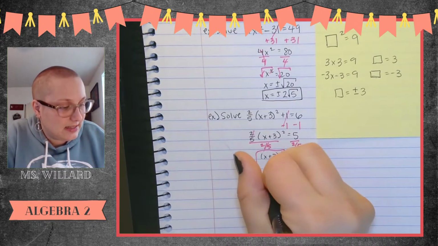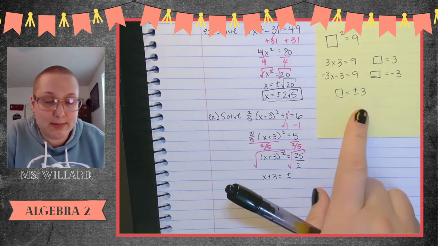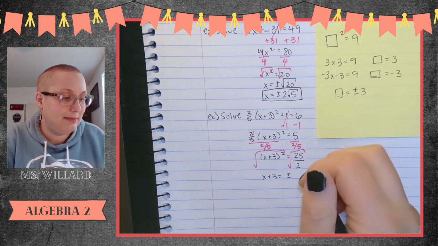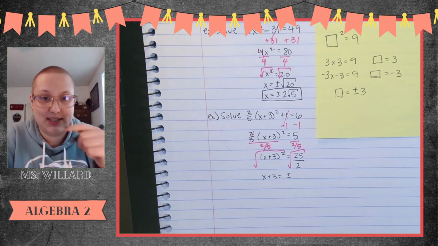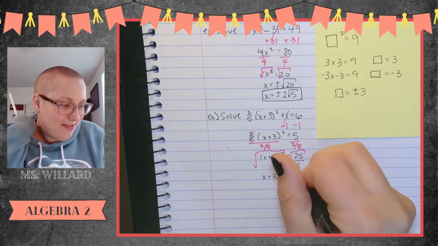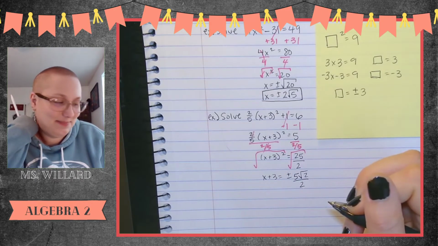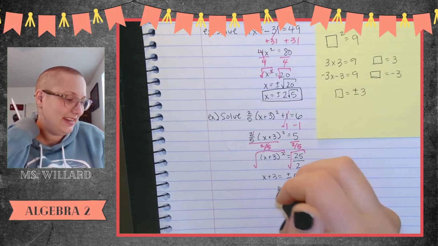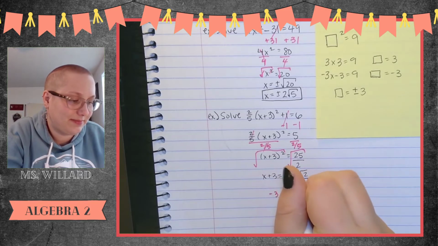Then we square root that because square roots undo squareds. So we get that x plus 3 equals plus and minus, it's both, same thing over here, and then I asked my calculator so nicely what that is, and I get 5√2/2. Blech. So then I subtract 3 now because it's just x plus 3.